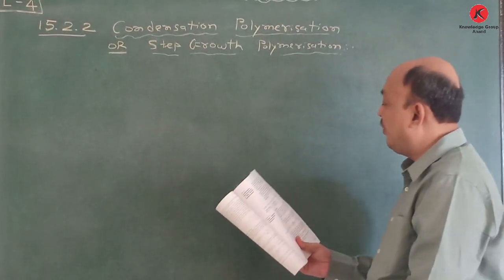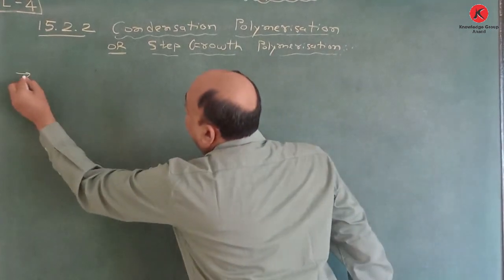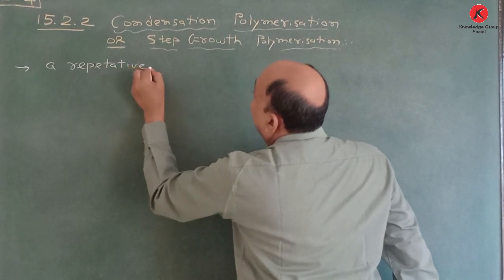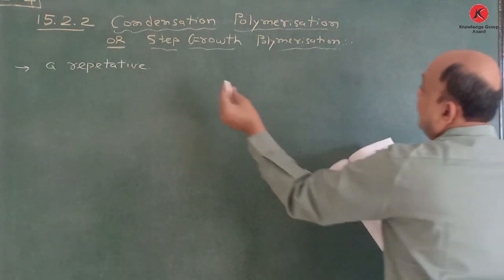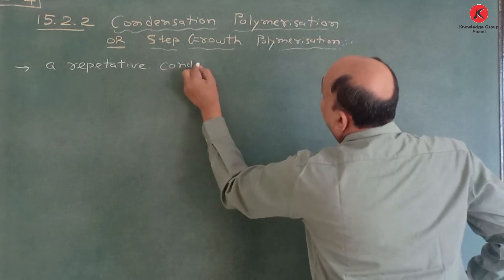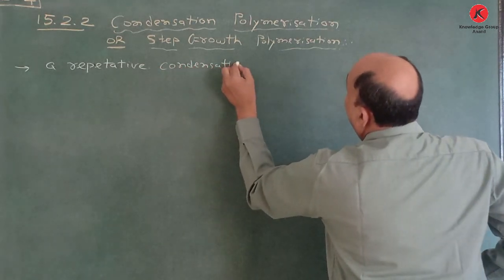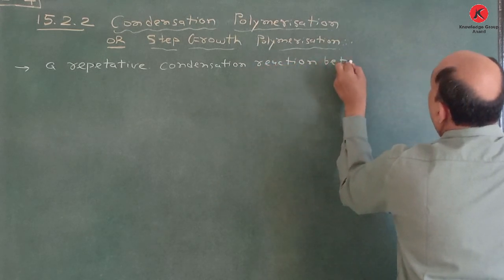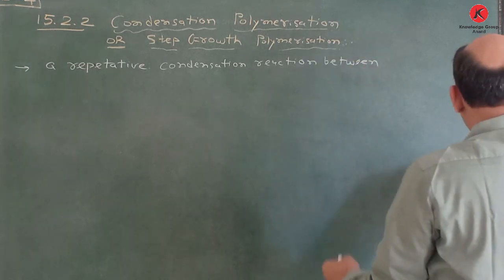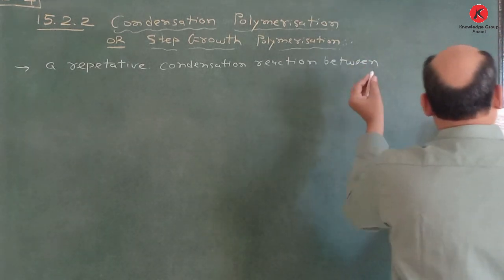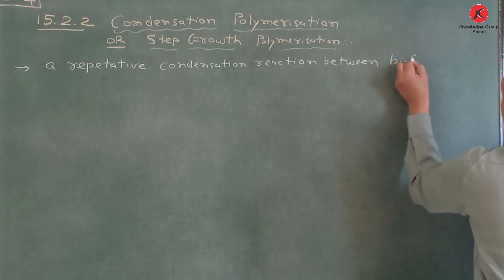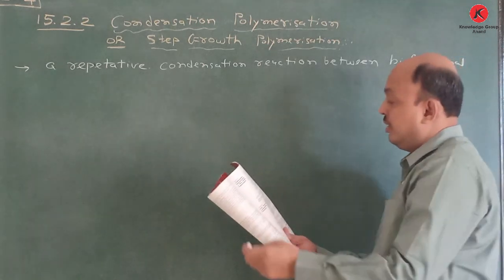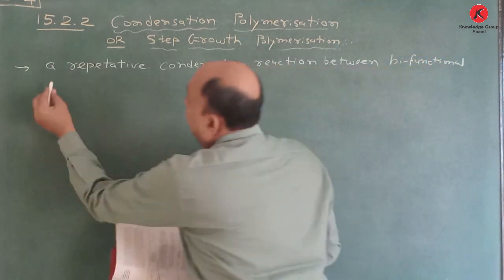This type of polymerization generally involves a repetitive condensation reaction between bifunctional or trifunctional monomeric units. Remember, I will explain the meaning of this later on.